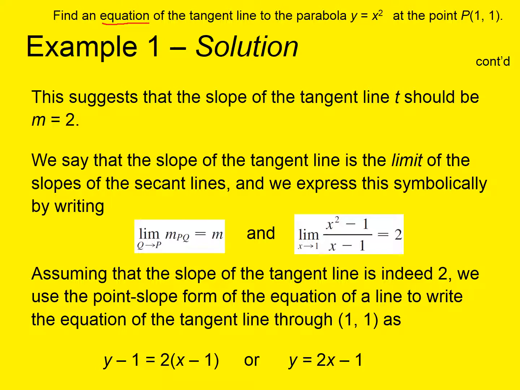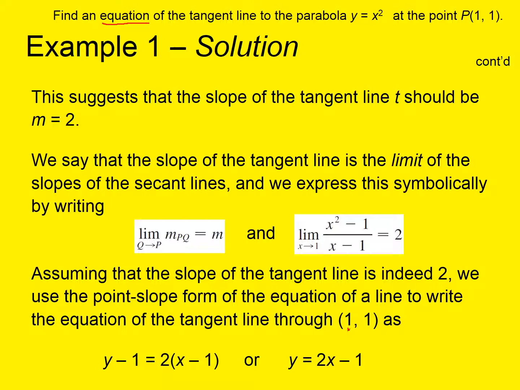Assuming that the slope of the tangent line is indeed 2, we haven't really proven that, we are just arguing from the table. We use the point slope form, y minus y1 equals m times x minus x1, to write the equation of the tangent line through the point (1, 1).